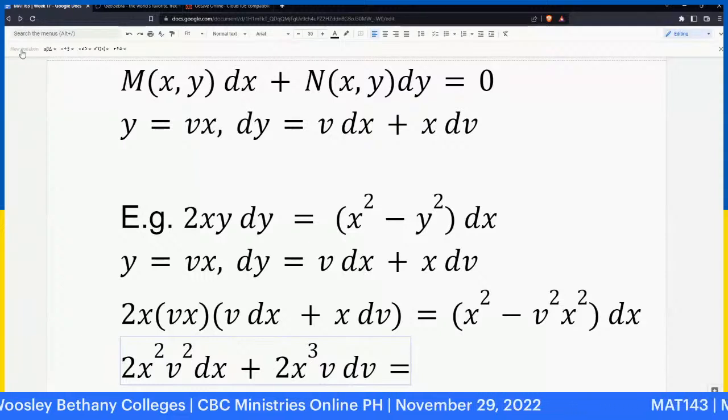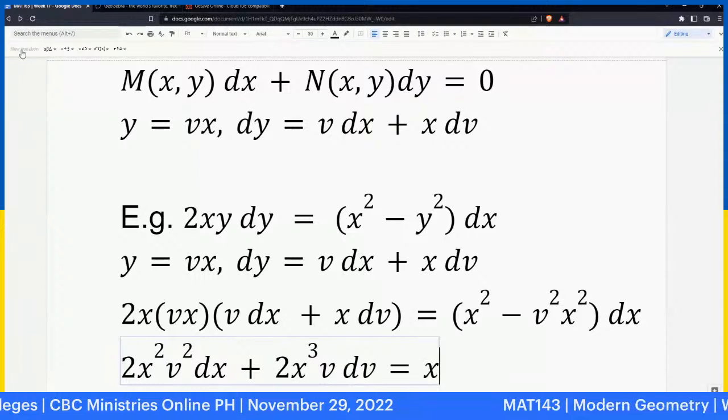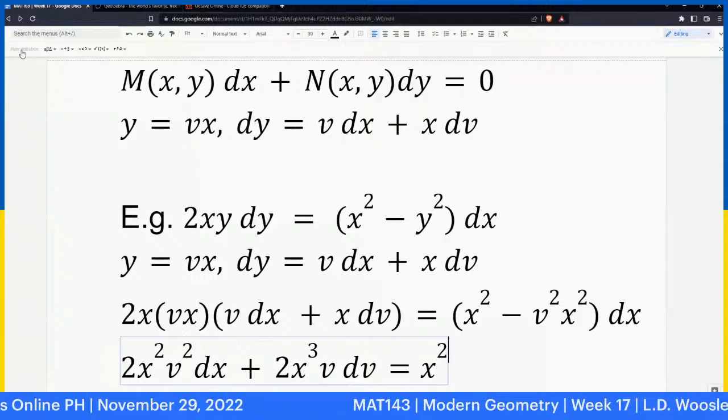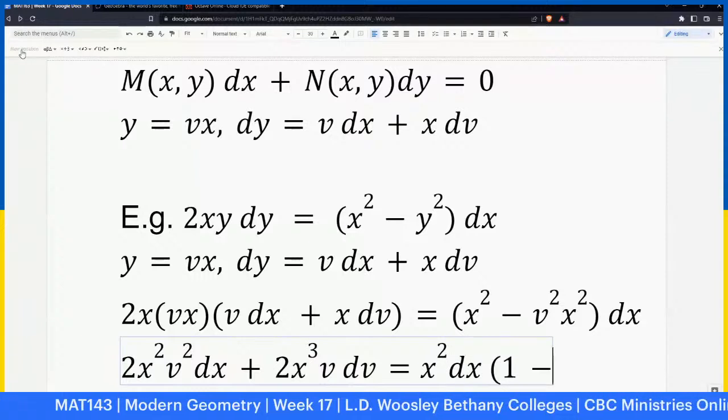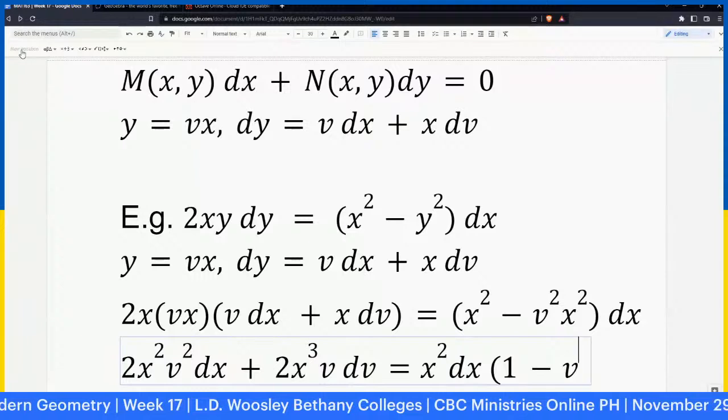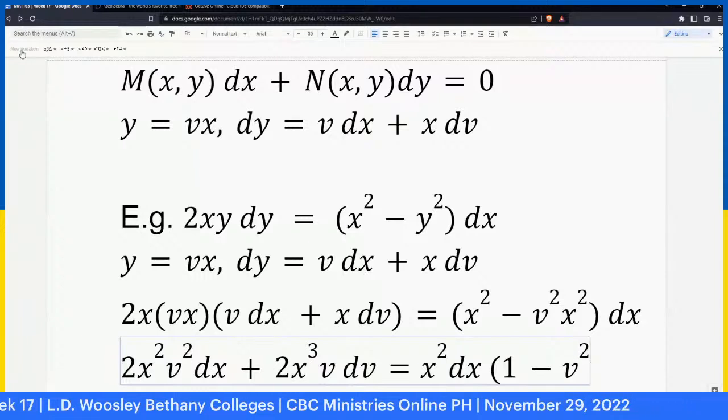X squared dx, tama, no? X squared, x squared dx. And then it's this. So we successfully separated x and b here.